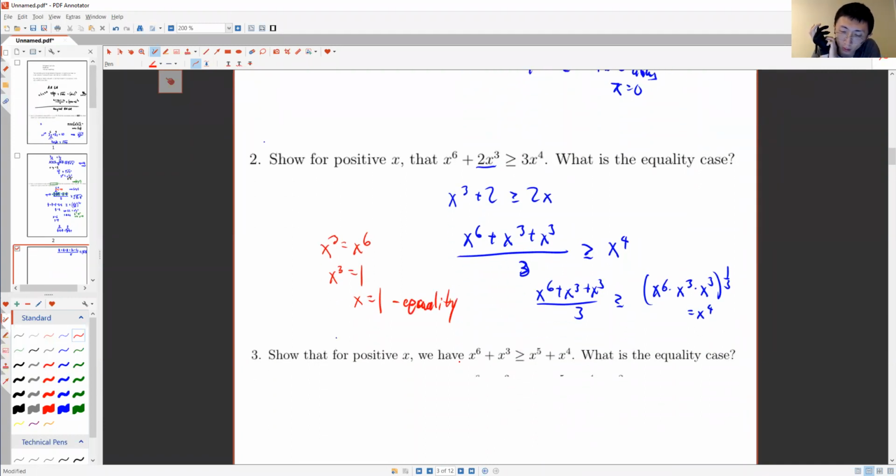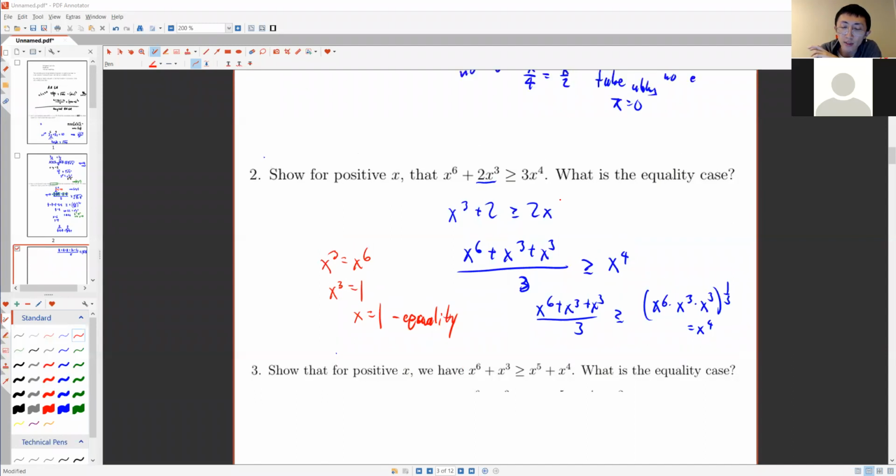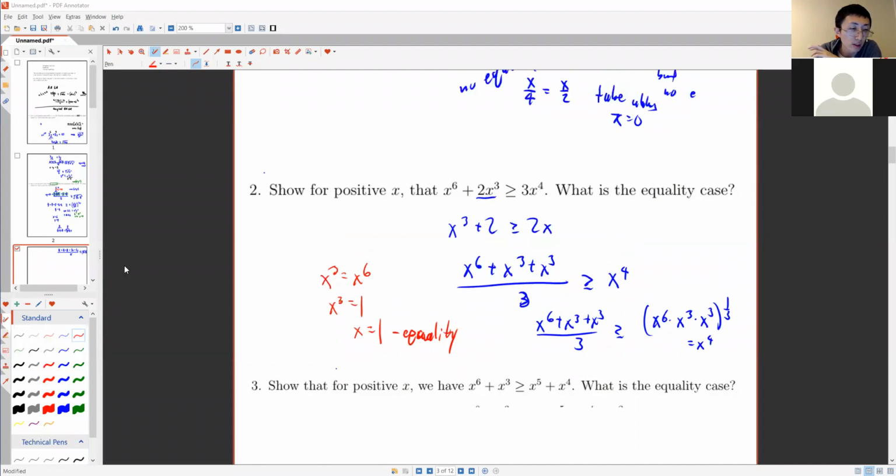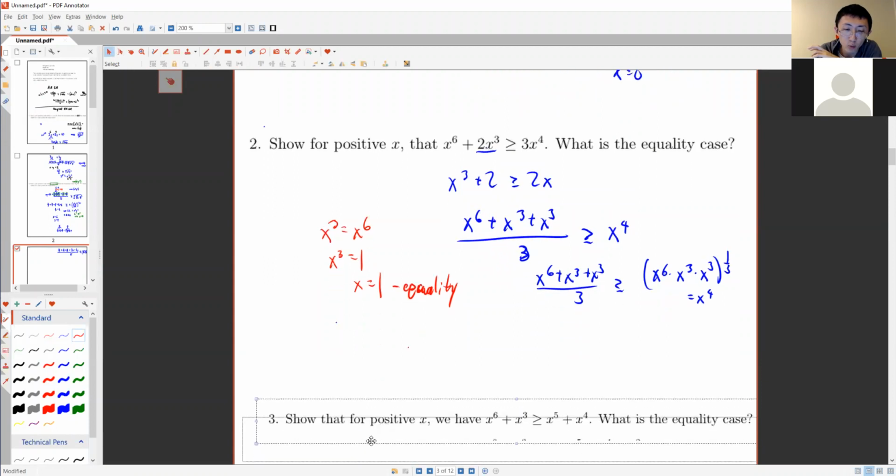So this one is a little bit different. And I should have said, the way I prefer to think of it, instead of breaking up a variable, another way you can think of it is with weights.